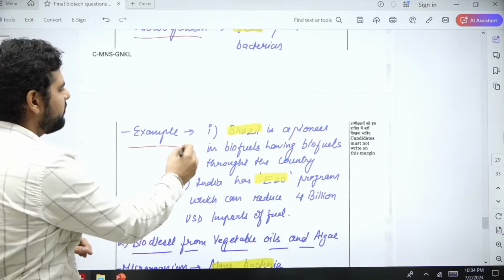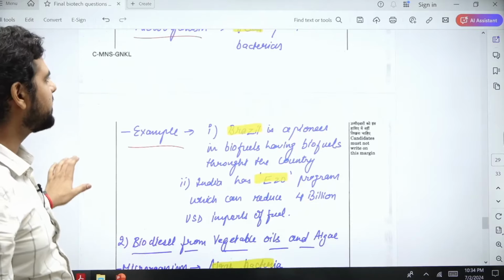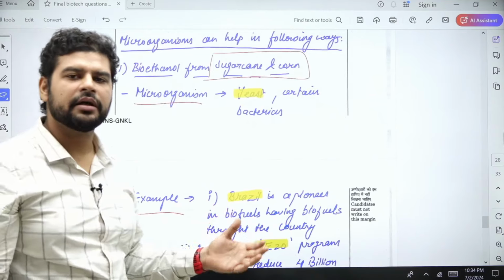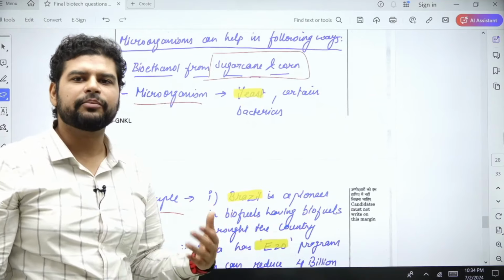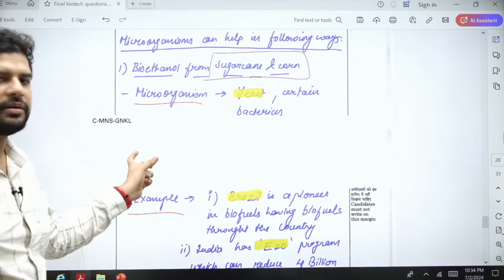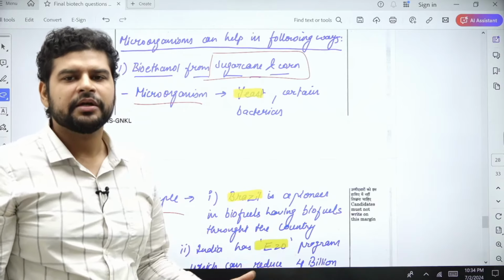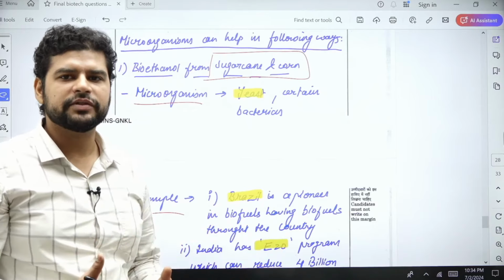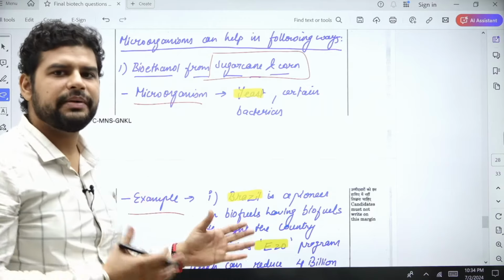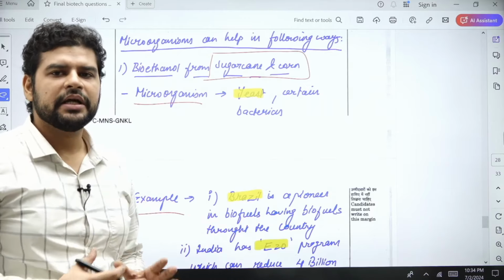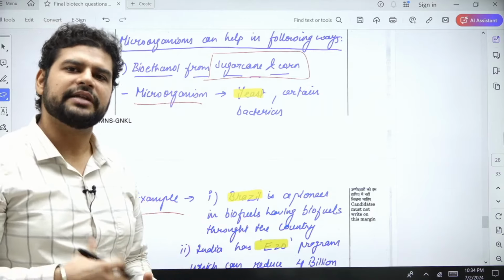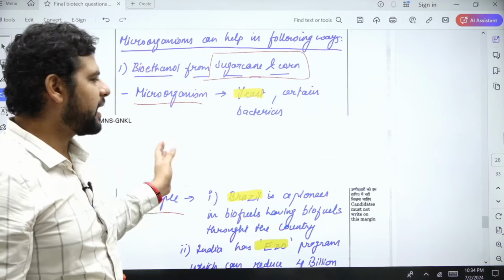Then the example where it is happening, or if something is happening in research, or if any country is using it. Also in further points I have given the process also. Process is a small subheading that explains what is happening in the process. So this is a very creative approach which I have brought for you. Please try to be creative like this. This is just a different way of presenting the same content which you will write in paragraph form.